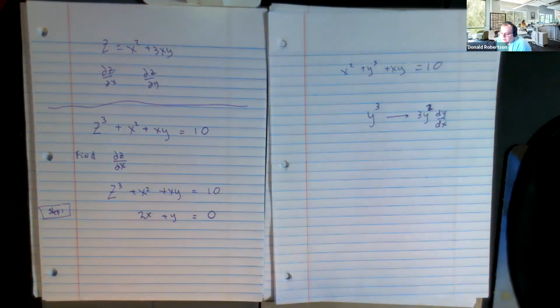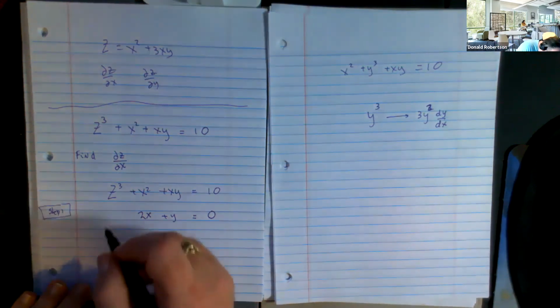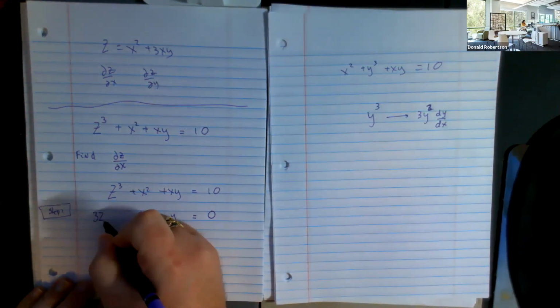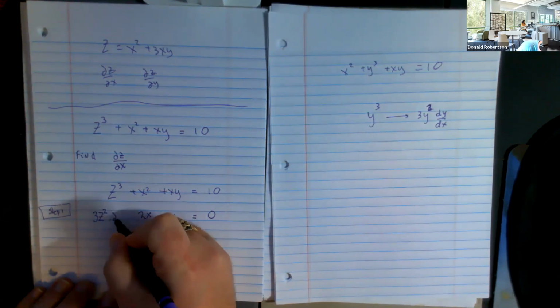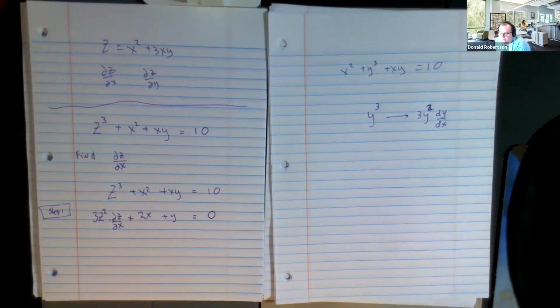Can you remember? That's how implicit differentiation worked. Now let's do it with z cubed. You differentiate z cubed, you get 3z squared times that guy. So far, so good. Yes.